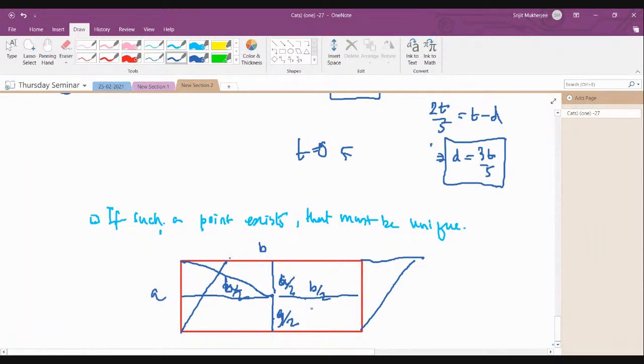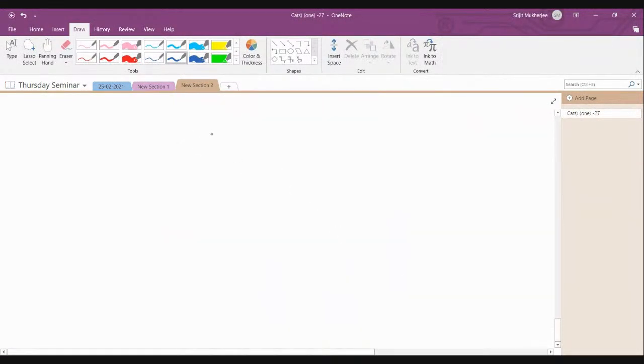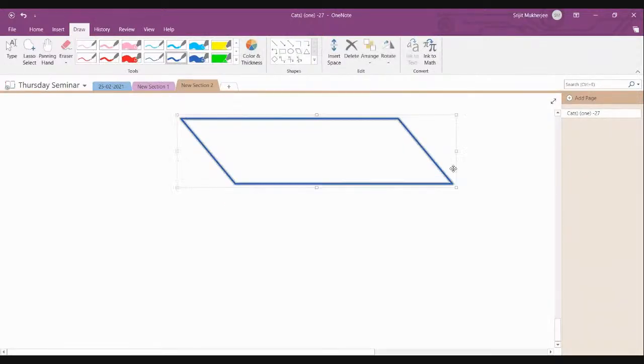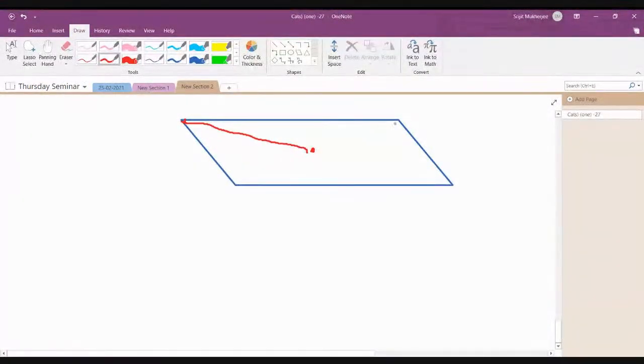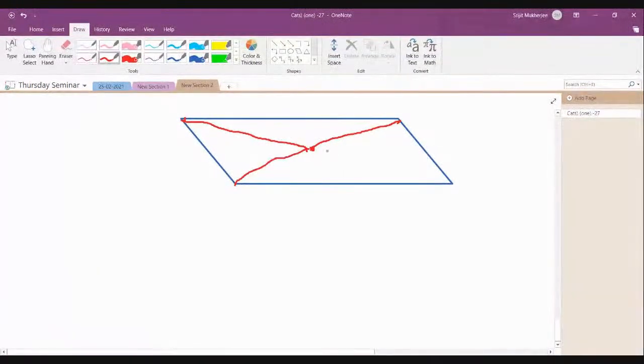Now, where it exists is the idea. Let's try to do it for a parallelogram. So let's say it is such a point. And of course, we know that the height must be midway. Let's say the height is h, so it must be h by 2, h by 2.